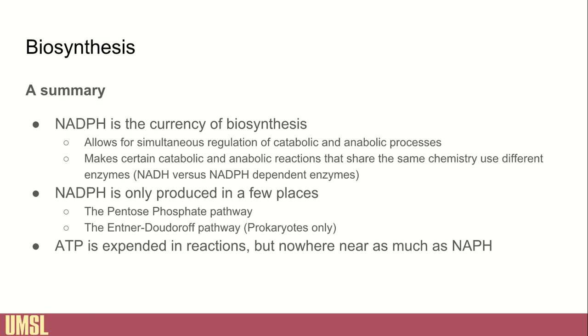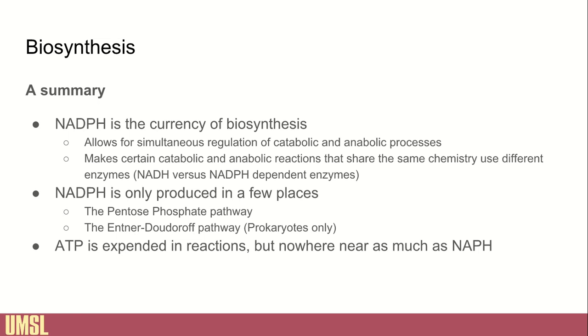So one of the things, if I were to summarize what we've seen so far, is that NADPH is the currency of biosynthesis. So when we're oxidizing things and we want to use respiratory chains and have NADH dehydrogenase, for example, complex 1 in our electron transport chain, all of those enzymes are using NADH, okay?